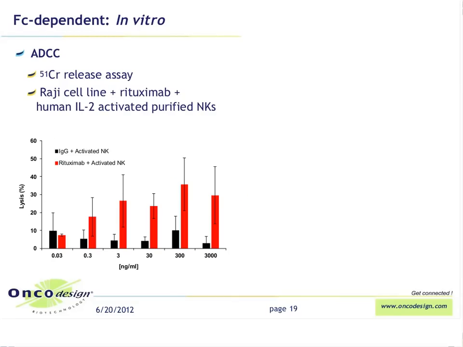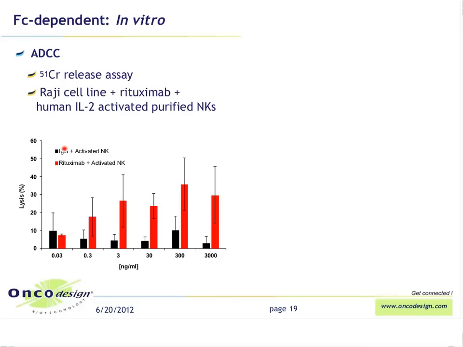We also use the same assays, chromium release assays, again with Raji cell lines overexpressing CD20 and rituximab, and two different experimental conditions.